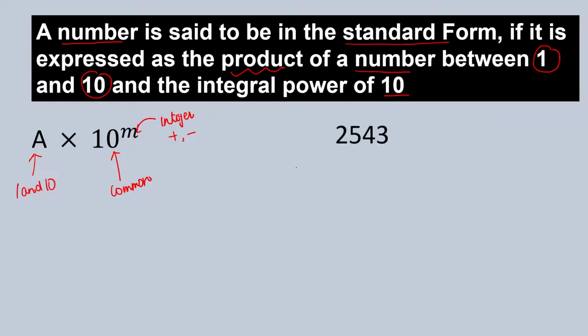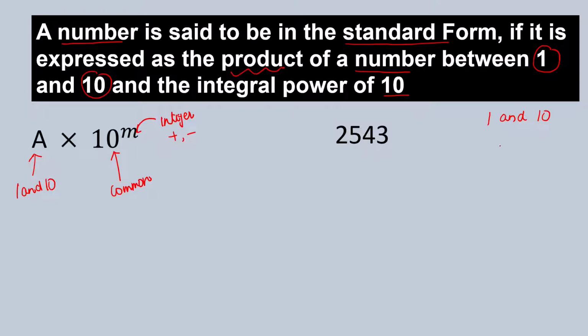Let's take an example. Convert 2543 in standard form. Definitely 2543 is not a number which is lying between 1 and 10. So how can we convert this number into such a number which lies between 1 and 10?